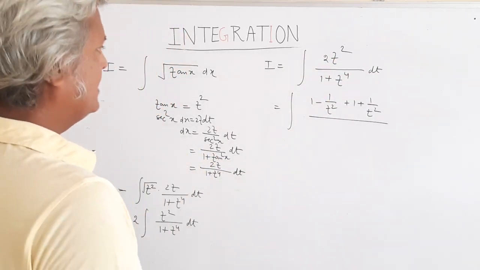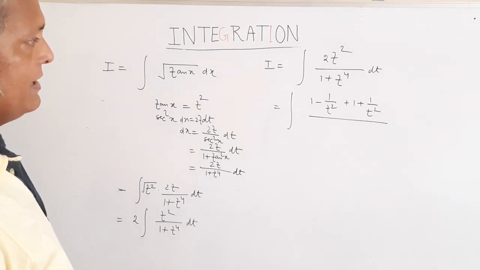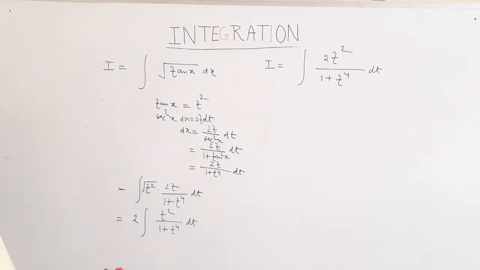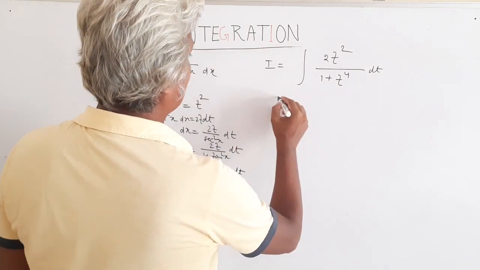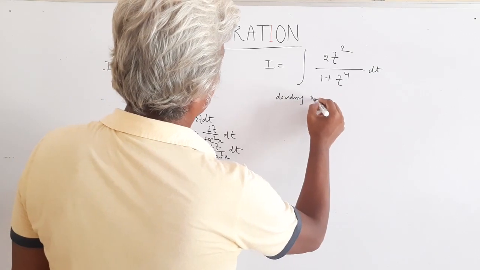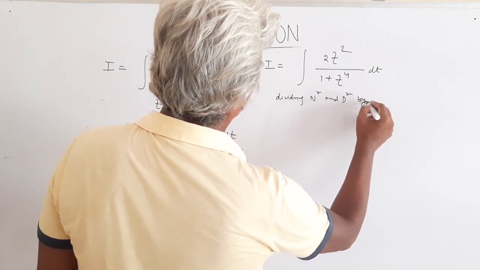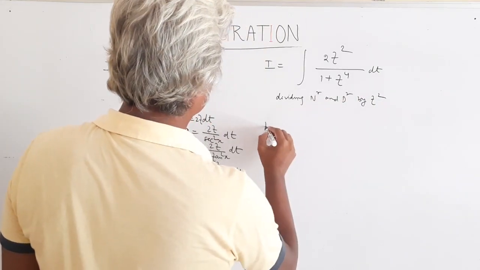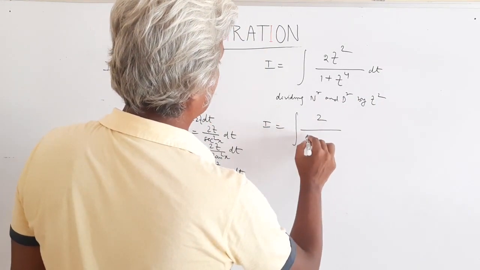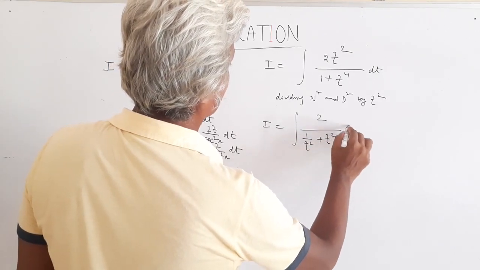Sorry, I think again we made a mistake. Just before going to this, first we need to express this. So first we have to divide this by t square, dividing numerator and denominator by t square. Then your I will become 2 upon 1 over t square plus t square dt.